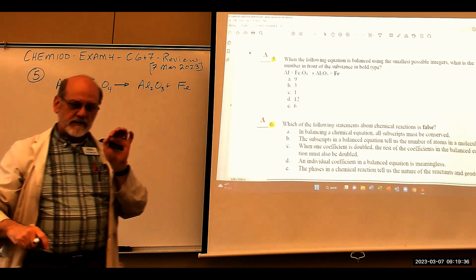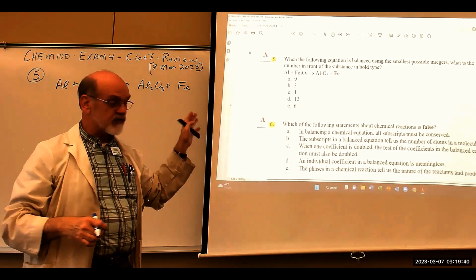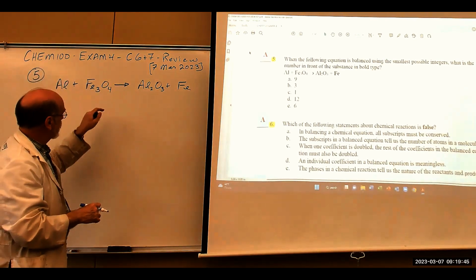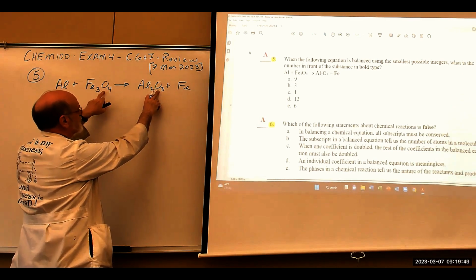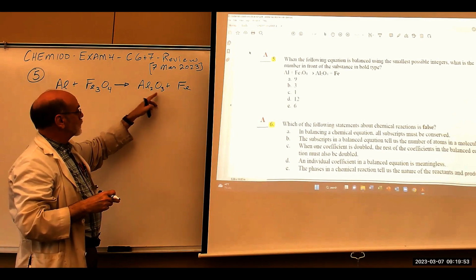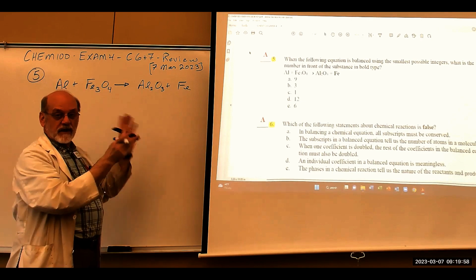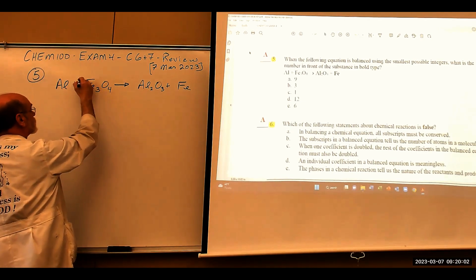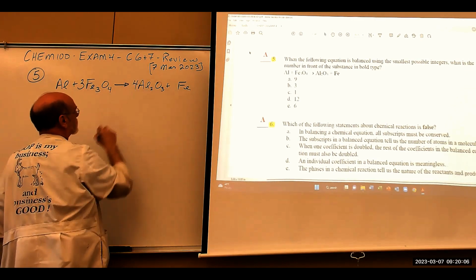One of those tricks that I showed you in one of the slides and in the document on balancing equations is, if this element is in one place here and one place here, but there's no way that a coefficient will give you the correct number from the other side, then try cross multiplication. So we put the 3 over here and the 4 over here.